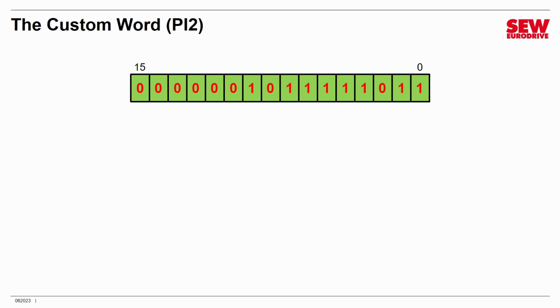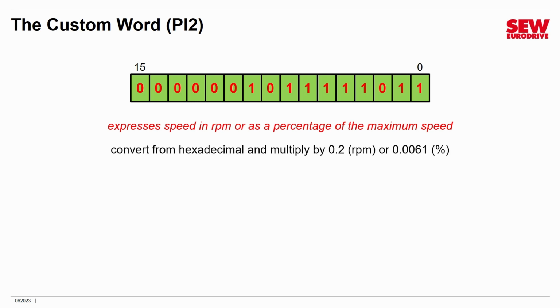On the other hand, if it's reflecting speed, you would interpret it either as RPM or a percentage of the maximum speed. You would need to know which one it's set to so you could interpret it correctly. You would simply convert it from hexadecimal to decimal, and if it's in RPM mode, multiply by 0.2, or if it's in percentage, multiply by 0.0061.